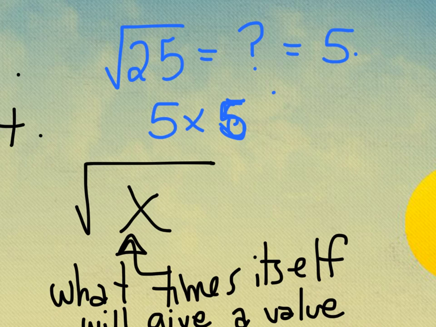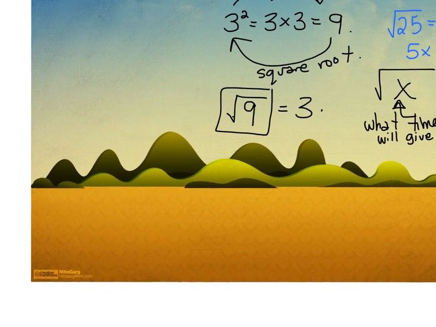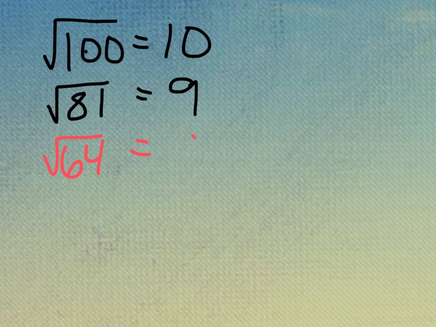Now, you are expected to know 10 of these, just like in the last video. Here are the 10 square roots you should have memorized. The square root of 100 is 10. The square root of 81 is 9. The square root of 64 is 8. The square root of 49 is 7.